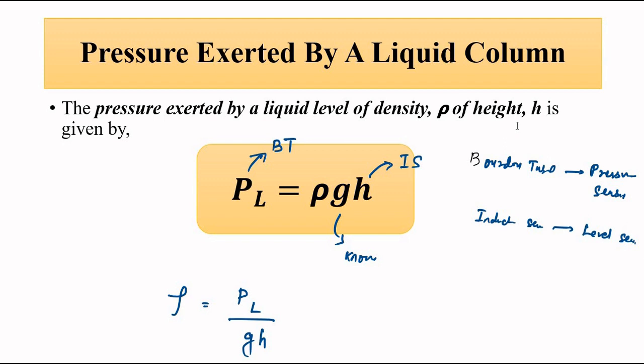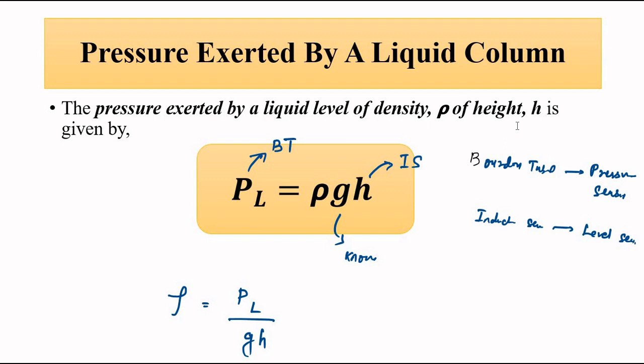And you can use any level sensor, like capacitive, inductive, LVDT, piezoelectric, magnetostrictive, potentiometric. It is just that I am using different combinations so that you can get an overall idea of all the level sensors and the pressure sensors which are used in combination. Okay, any combination is acceptable.